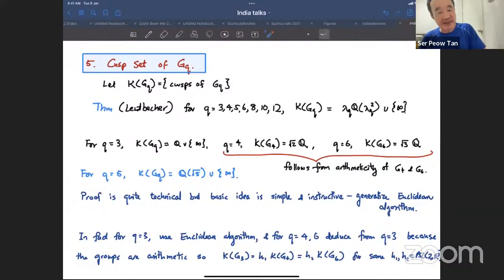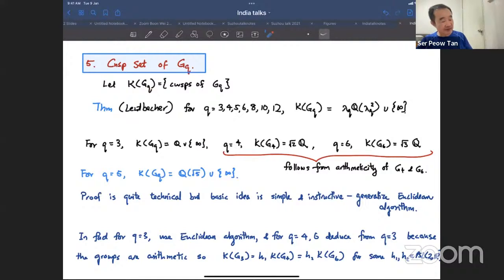You can see that the cusps play a very important role in allowing us to get a hold of the group GQ. In particular, when 2 cusps are connected by an even line, then we have reduced forms and so on. So one immediate interesting question is, if I denote by K(GQ) the set of cusps of GQ, which is basically the orbit of infinity under GQ, then what is K(GQ)?